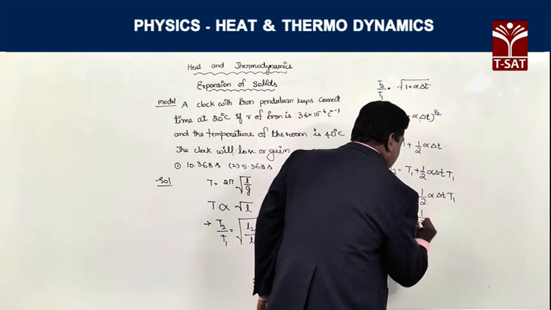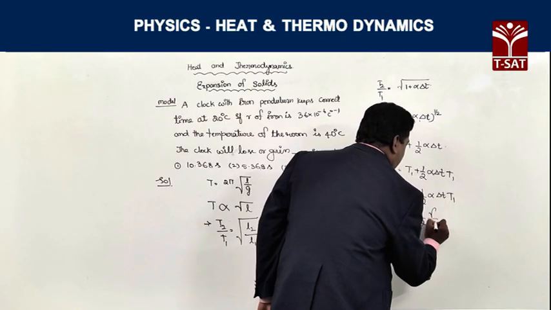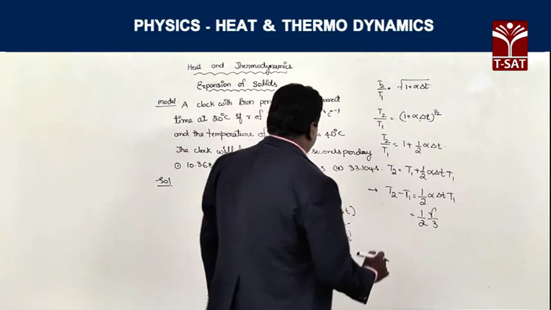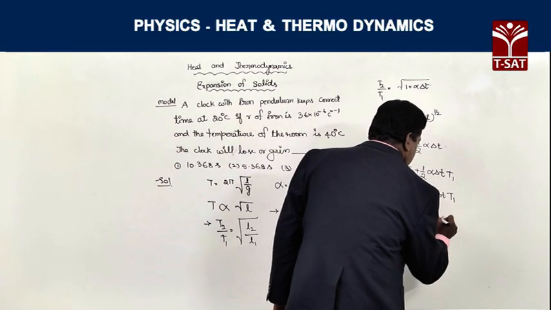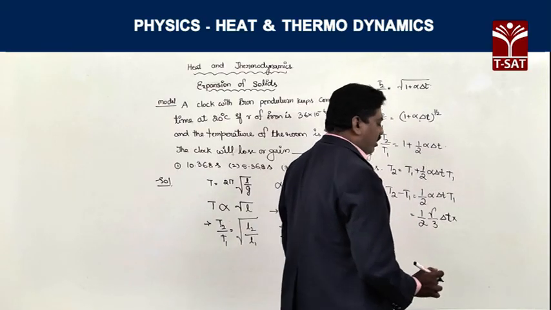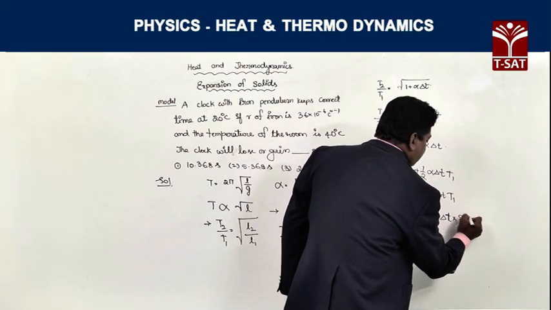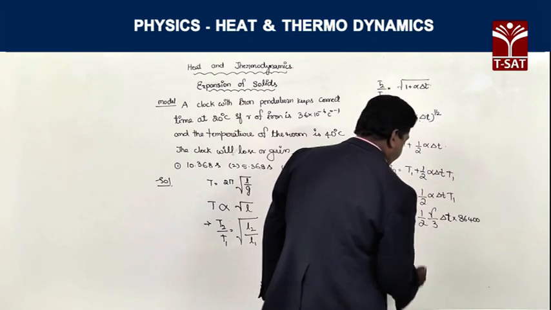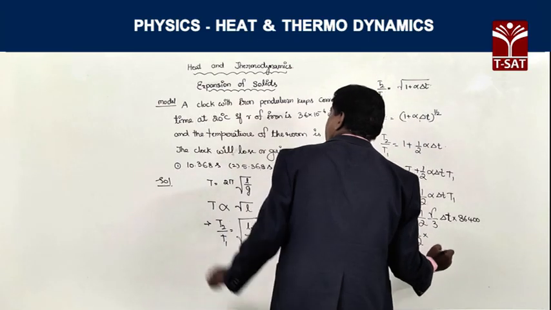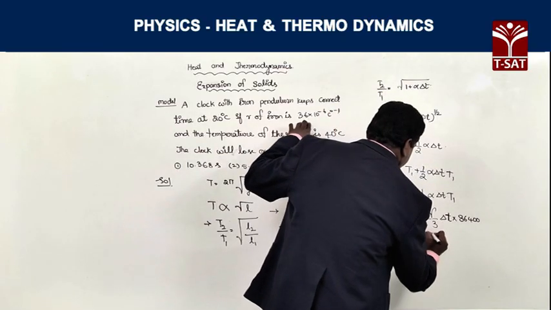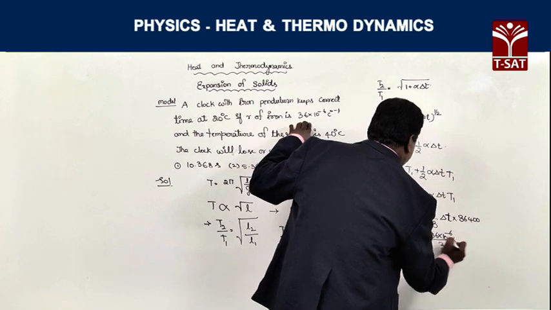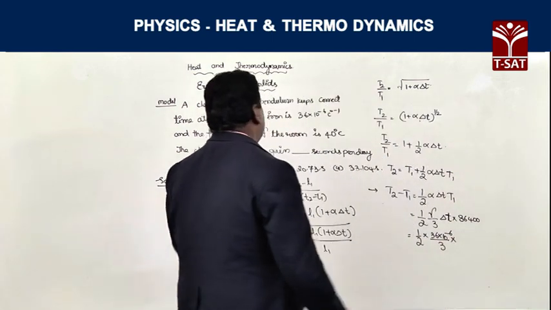And now, in the place of alpha, we write gamma by 3 because we are given the gamma value there for iron, okay, and into delta T, and this time for one particular day is given as 86,400 seconds. Substituting all the values, we have half into the gamma value is 36 into 10 to the power of minus 6 by 3, and increase in temperature.